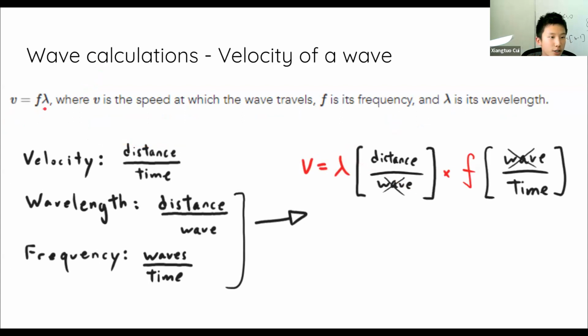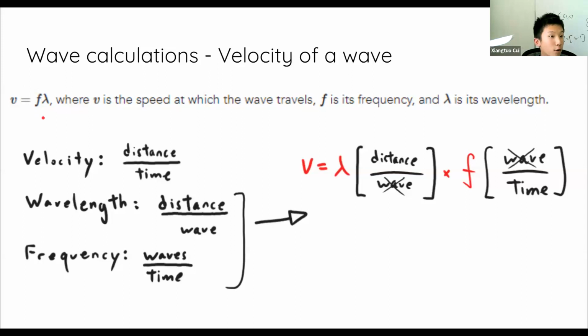This funny symbol you see on the right, that's lambda, which is the Greek letter, and it stands for wavelength, which, as you recall, is the distance from one crest to another crest of the wave. If we know the frequency and wavelength of a wave, then we can find out the wave's velocity.